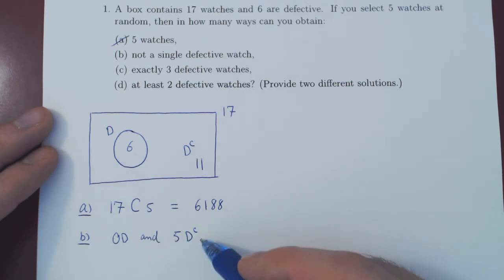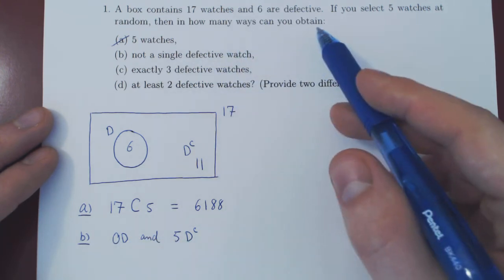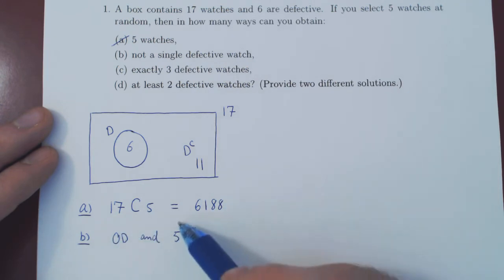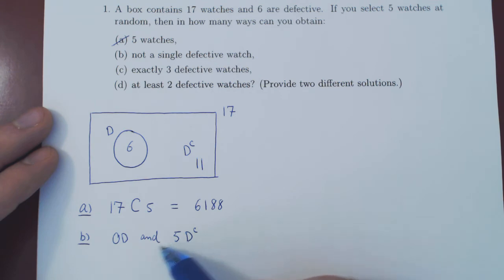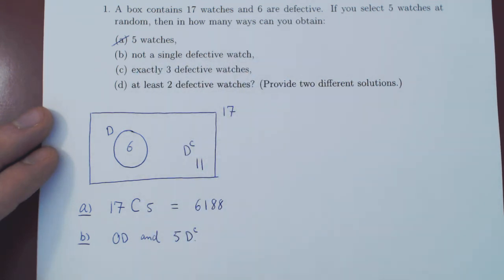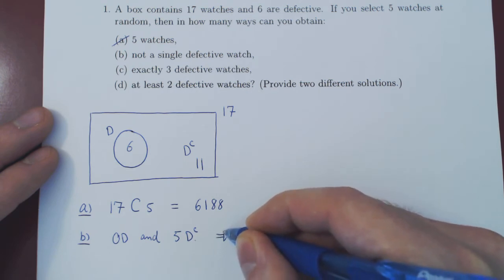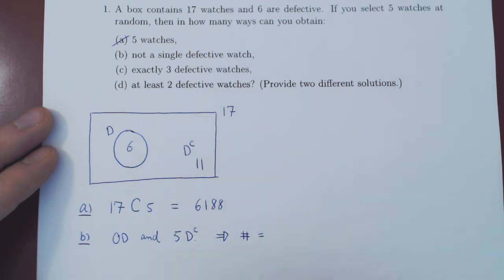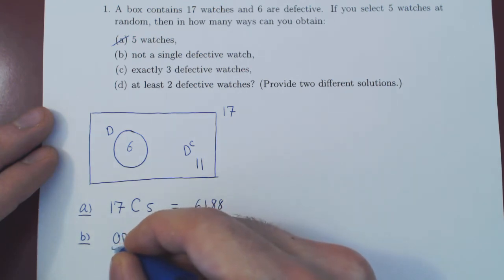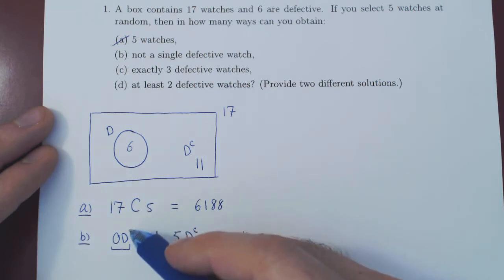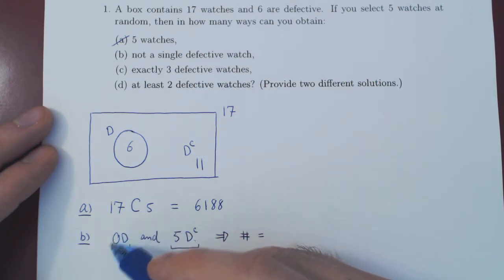So that's what we're asking for, right? The total number of ways in which you can select 0 defective watch and 5 non-defective watches, which means that not a single defective watch has been selected. Well, let's think about this. We have to choose out of the defective watches 0.